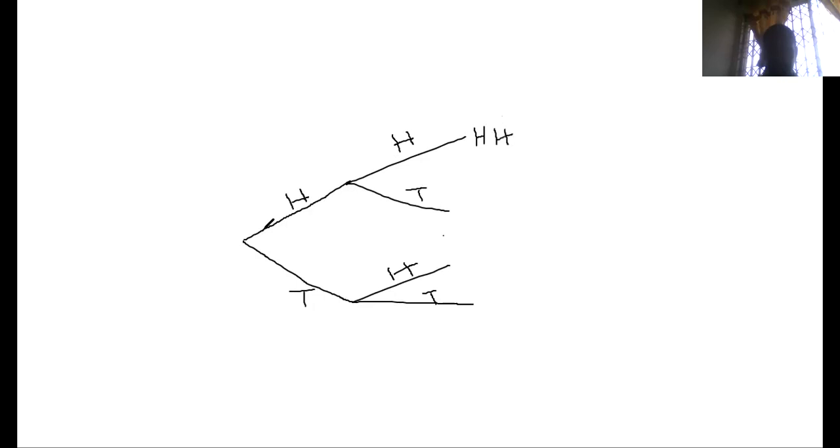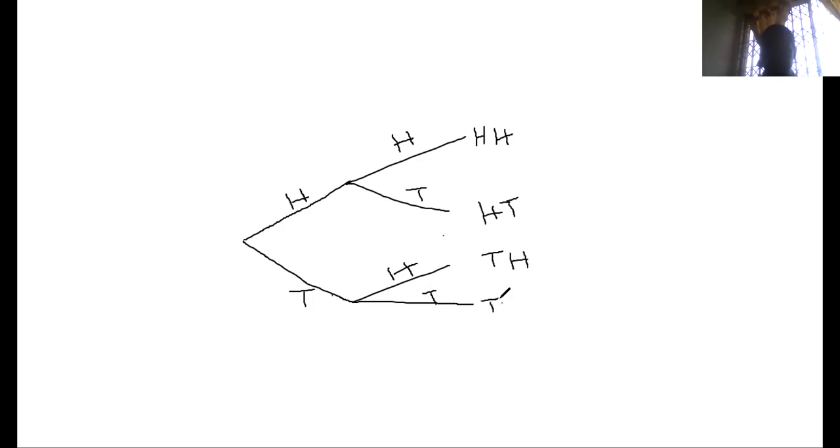Then we go from here and come this way. So here we have what? Head, tail. So HT. Then from here to this side we have what? Tail, head. So TH. Then the last one we have tail, tail.